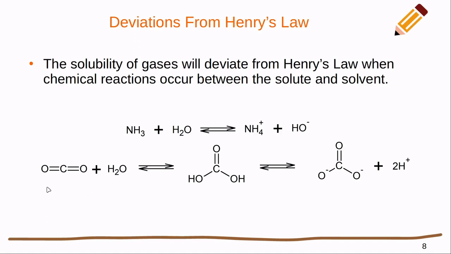And then we've been talking a lot about pop so far, and that also has a reaction that occurs. When we add CO2 to water, we form carbonic acid. Carbonic acid will then dissociate out into ions. So pop is not one that's going to actually follow Henry's law.